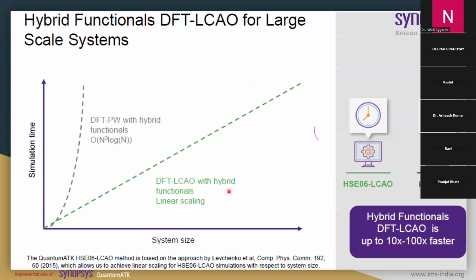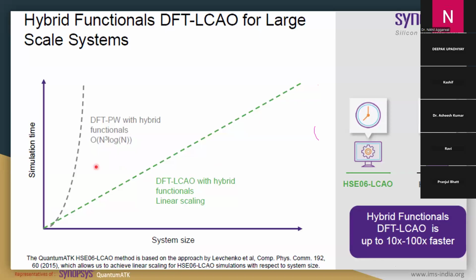So here you can see we have done the simulation using the exchange correlation family of hybrid functionals. This feature is also loaded with this QuantumATK software. When we are using DFT LCAO with the hybrid functionals, with respect to system size, the computational time is just linear.